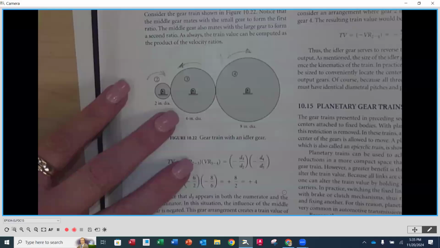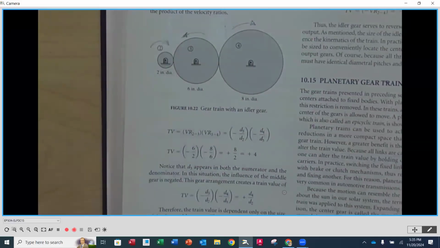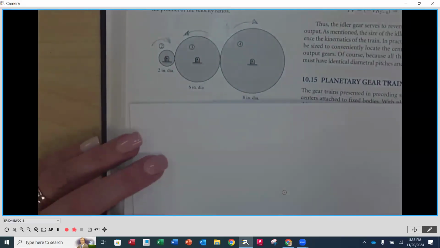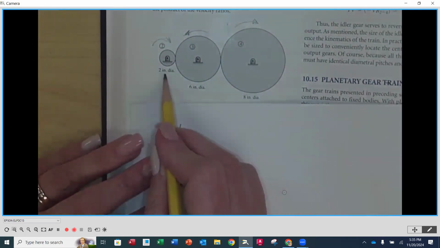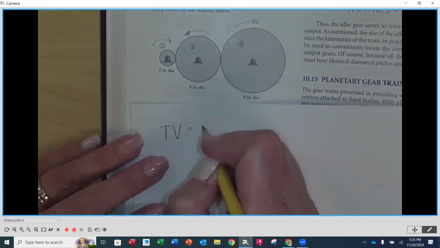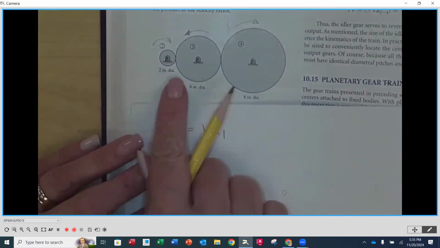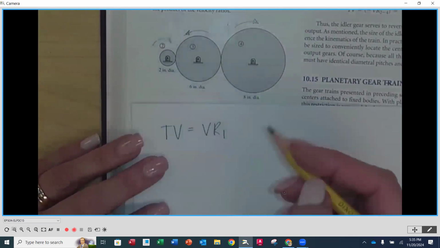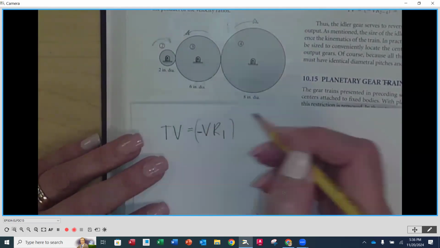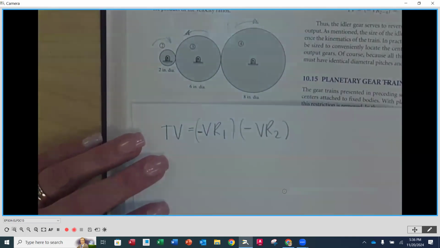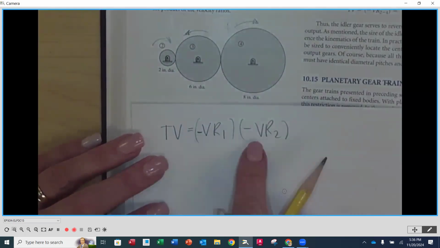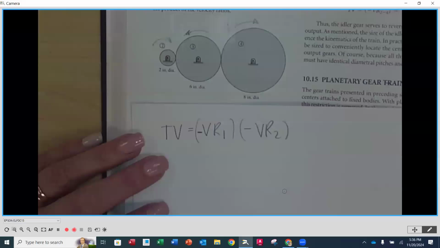Let's see why. I'm going to go down below here, and we're going to figure out our train value. Our train value from 2 to 4 is going to be equal to velocity ratio number 1, which is these two, 2 and 3, with a negative in front, times a negative velocity ratio number 2. Again, these negatives in front are just so that we can determine if we're going in the same direction or in opposite.